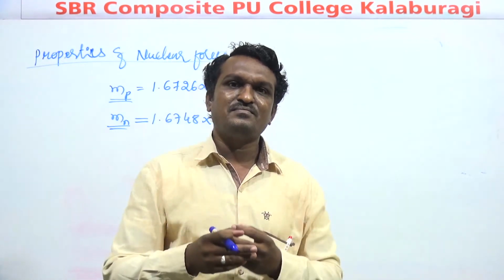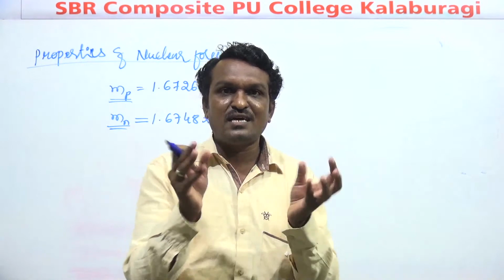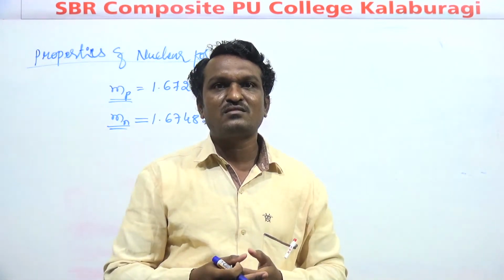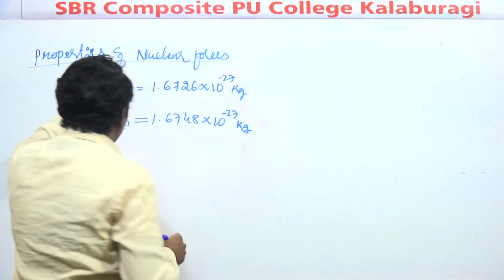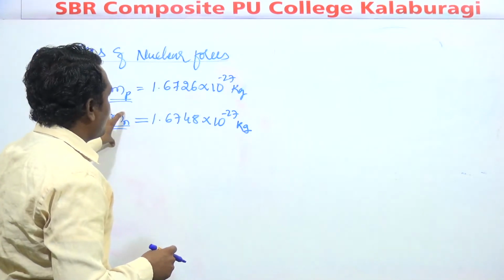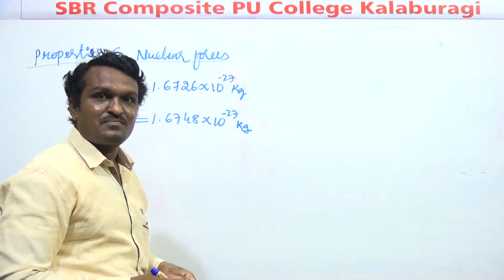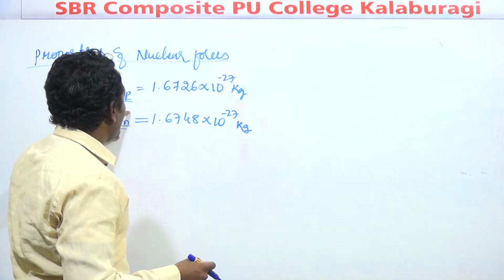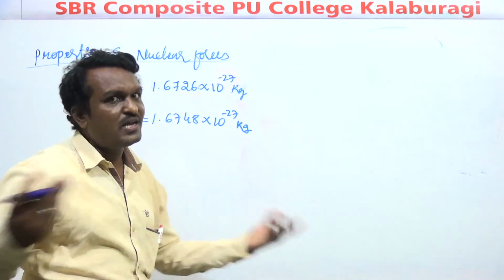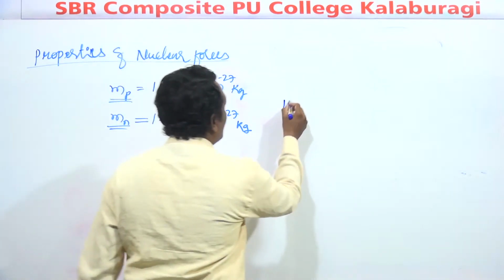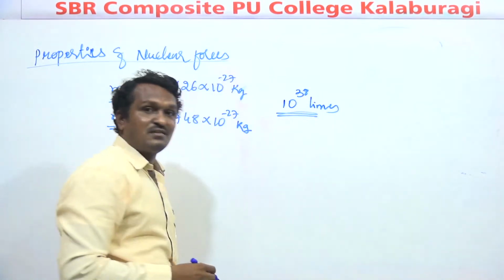Among the protons there exists a repulsive force. Even though these nucleons have mass, and there is a gravitational force between the masses, when we compare the strength of the nuclear force with the gravitational force, it is very large, of the order of 10 to the power 38 times the gravitational.